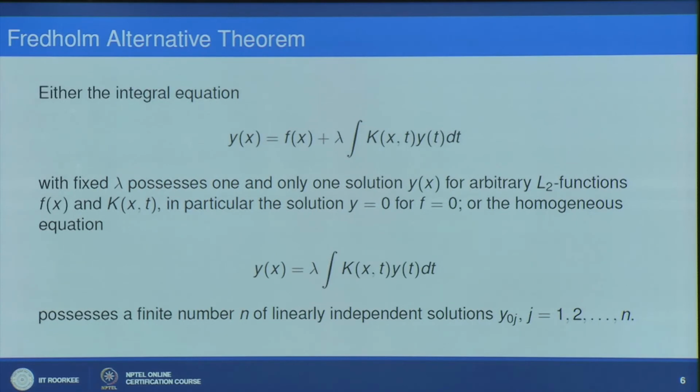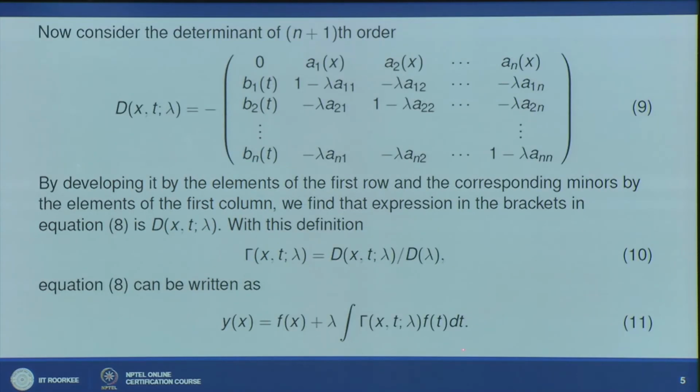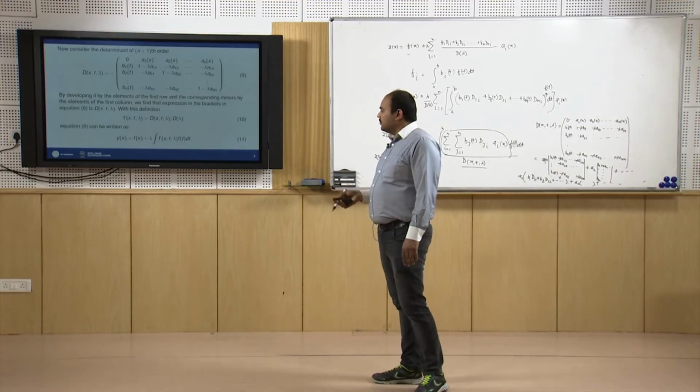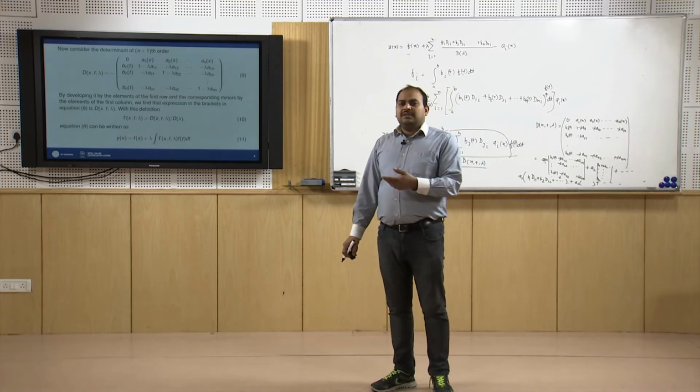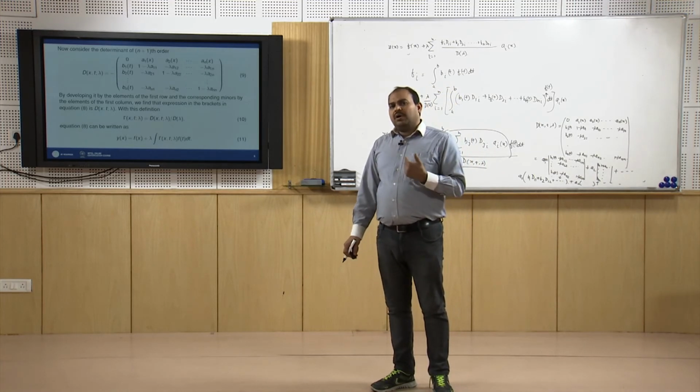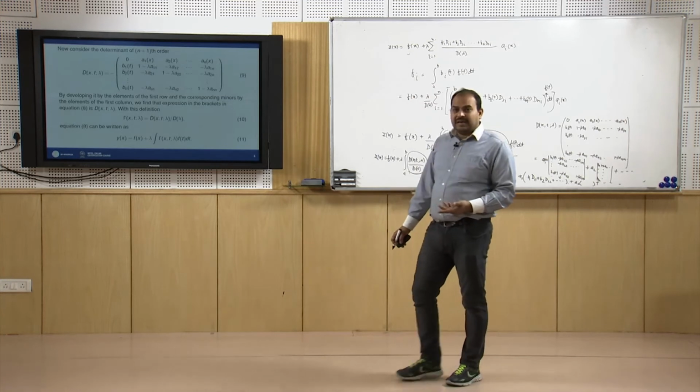Now with the help of this, we try to find the solution, and here we are saying that if D(λ) is non-zero, then we have a unique solution. But if D(λ) is 0, it means λ is a zero of D(λ), or in some sense we can say that λ is the eigenvalue of the coefficient matrix.